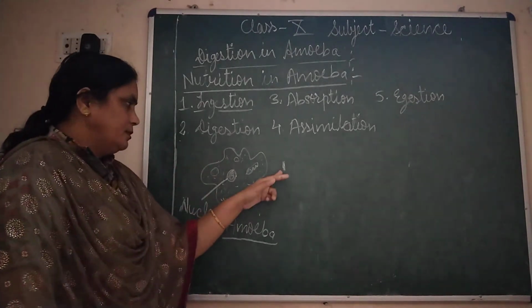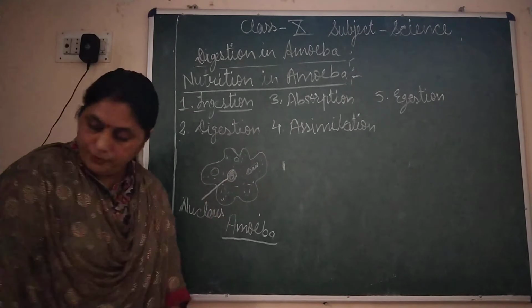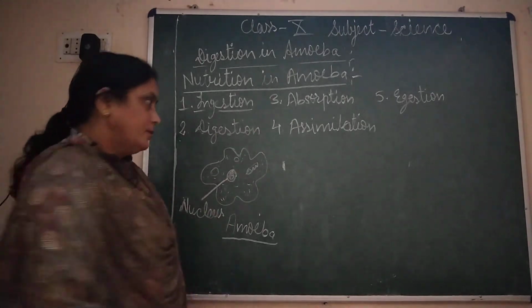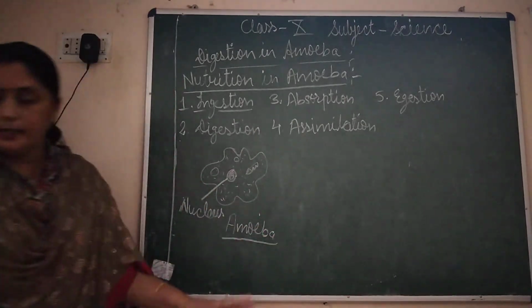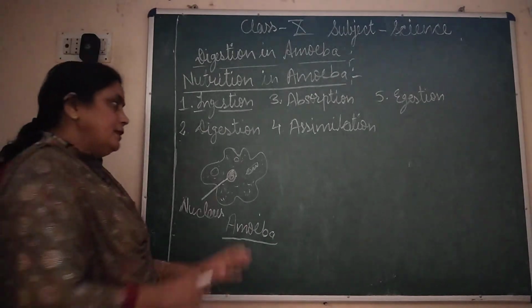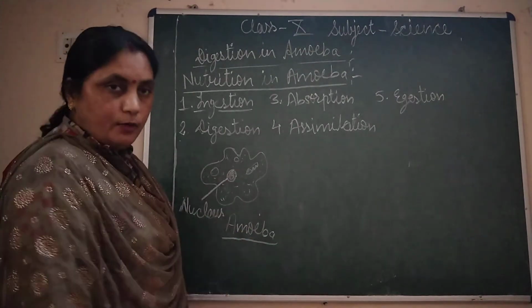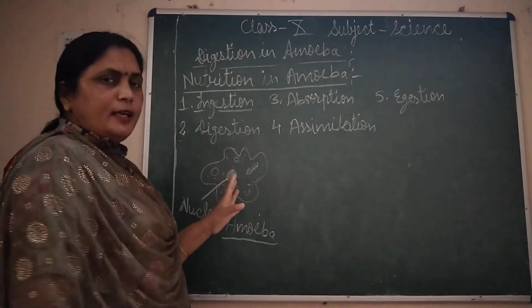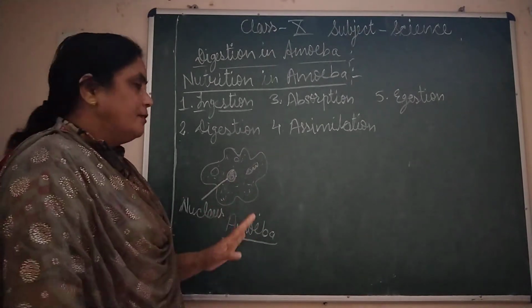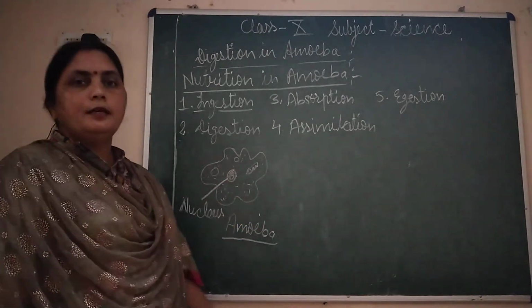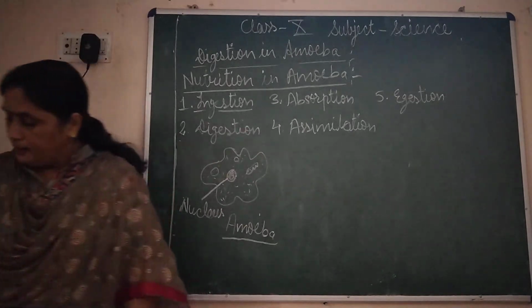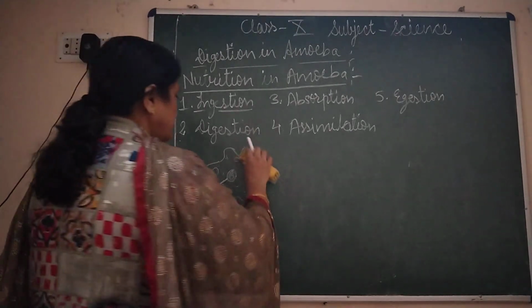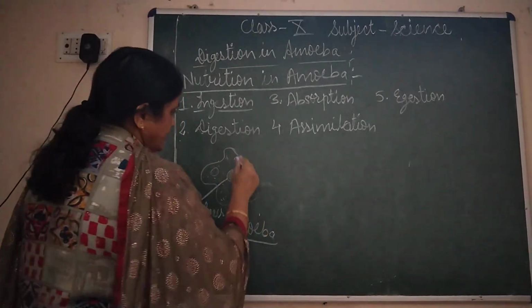Now I said that it moves. That also we should understand: how does it move? It does not have any legs. So children, it does not have a front and back, nothing. But whenever it has to move in a particular direction, then in that direction, it makes a big projection out.